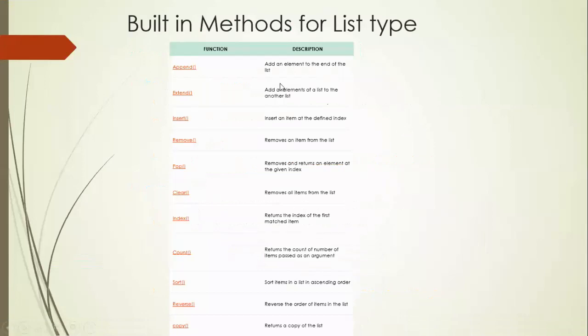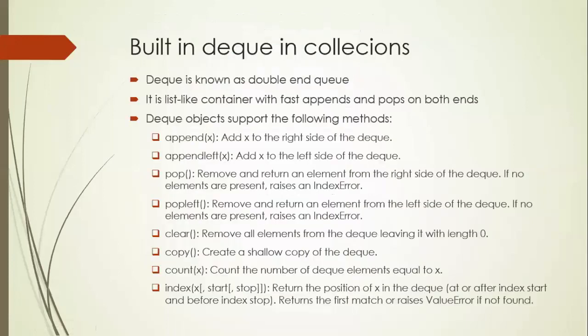List is a built-in type in Python, and these are some of the methods we already saw while discussing the list topic. In the same way, when you go through the deque class in the collections module, these are the methods already defined in it: appendleft, popleft, clear, copy, count.